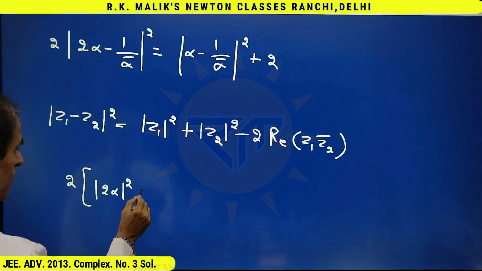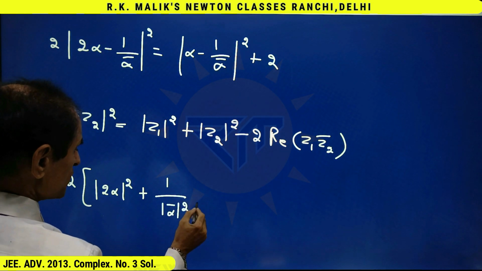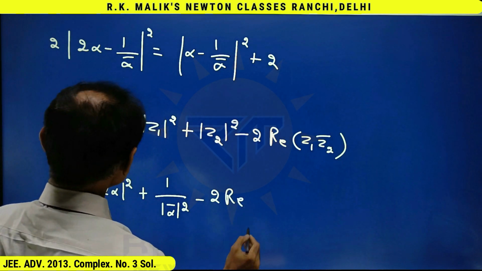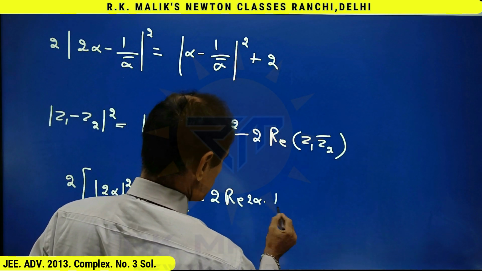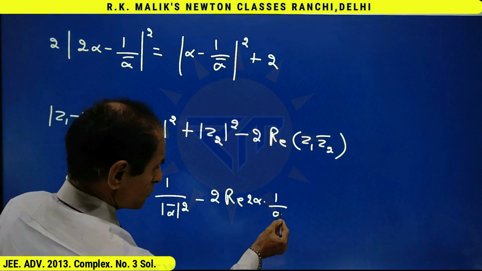2 alpha whole square plus 1 by mod of alpha bar whole square minus 2 times real part of 2 alpha into 1 by alpha.